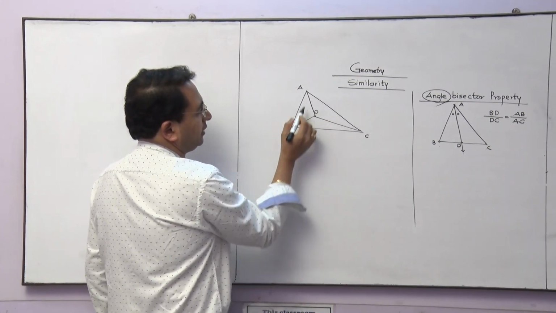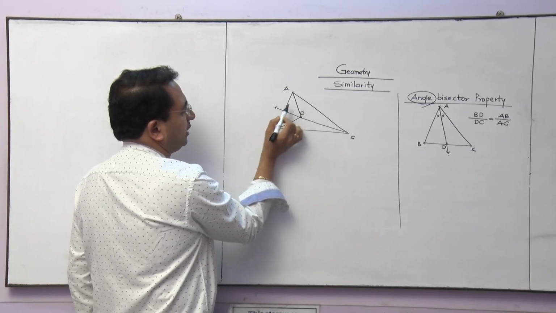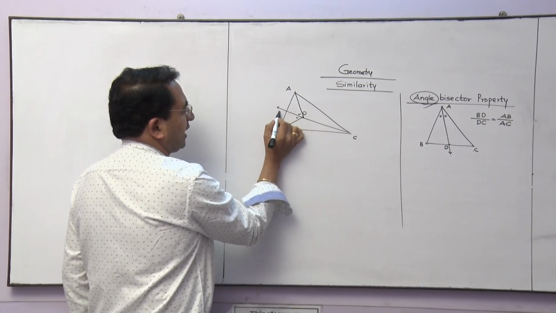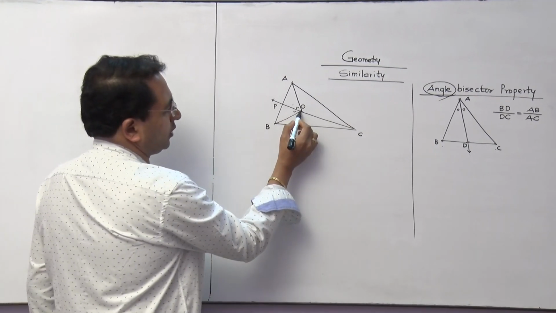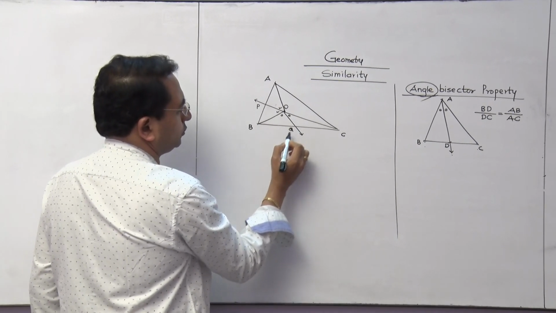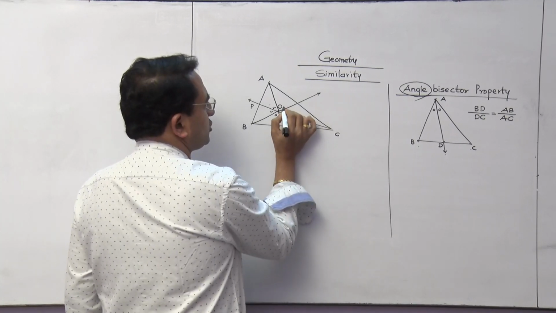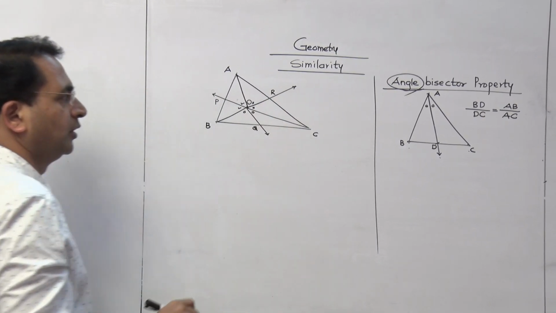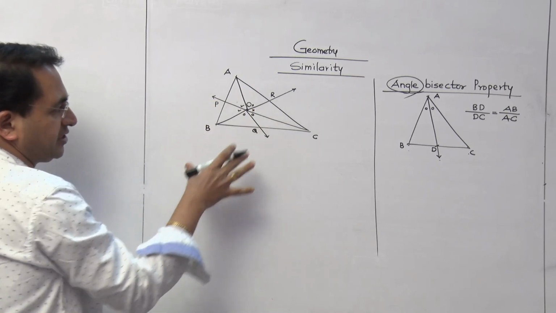Now what they have done is drawn the angle bisector of angle AOB. So this bisector meets AB at P. After that, there is one more bisector here, which is going to be point Q. And there is one more bisector here, that is going to be point R. You must have understood what the diagram is.